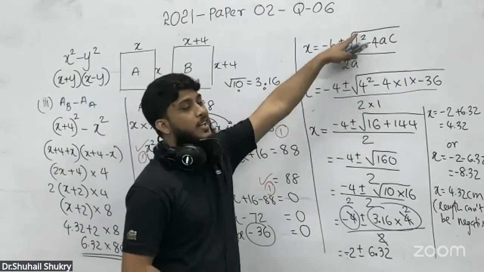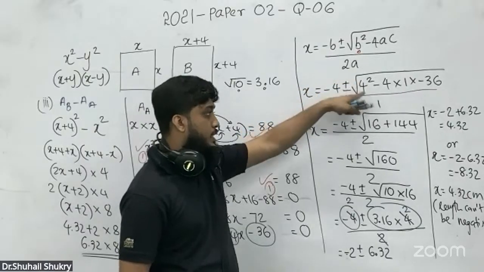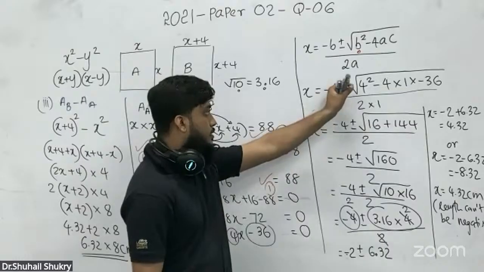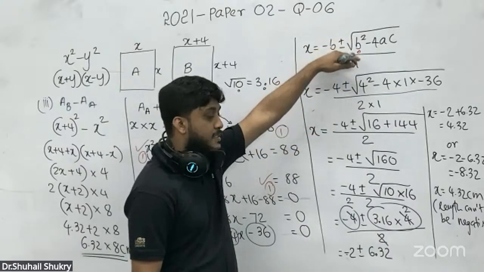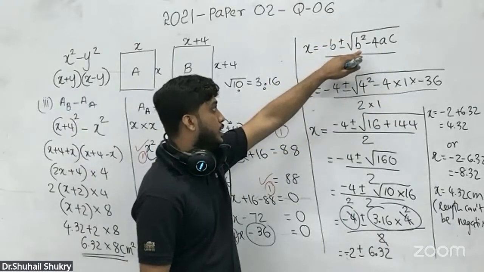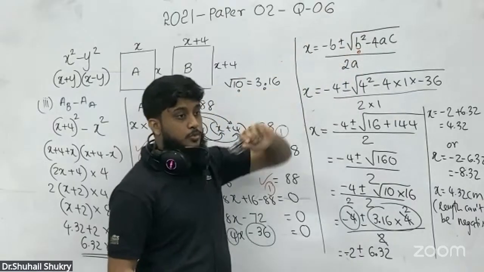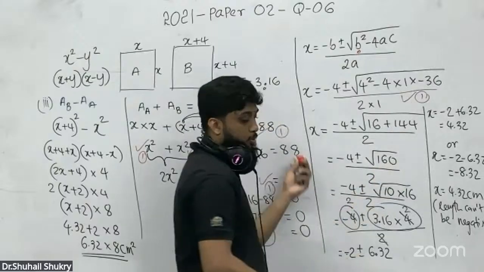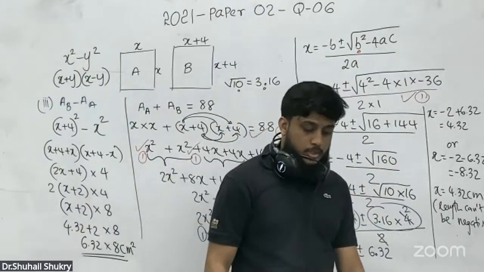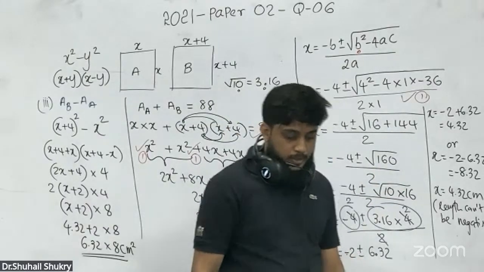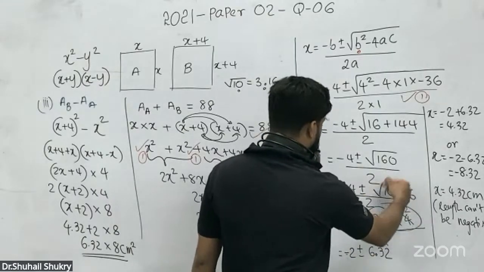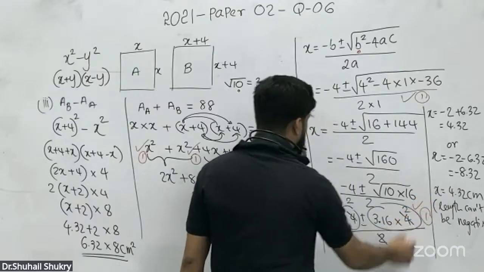They put 16 here, Puta, you don't get that mark. You have to substitute as it is. For b, you have to put 4 and write it as a square. For substitution, you get 1 mark. If you haven't substituted properly, you don't get the mark. Then after that, for getting this step, you get 1 mark.